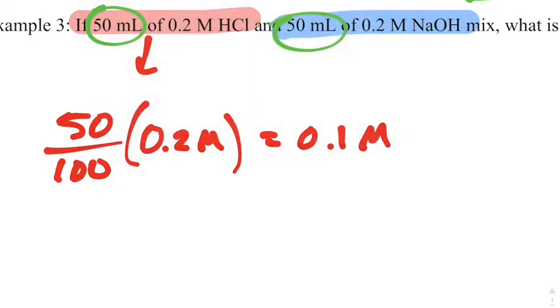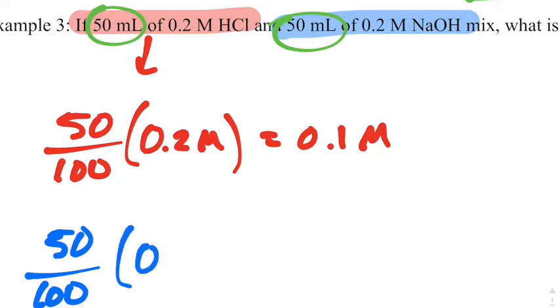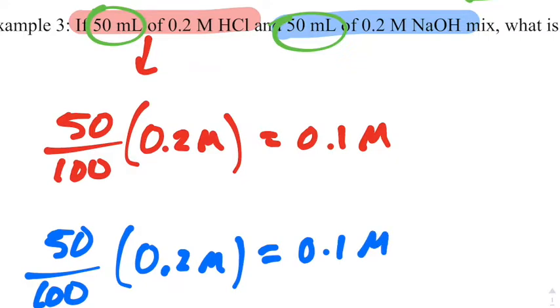The base is going to be the same because the base is also 50 milliliters, and we now have 100 milliliters total. That dilutes the 0.2 molarity it started with to 0.1 molarity.